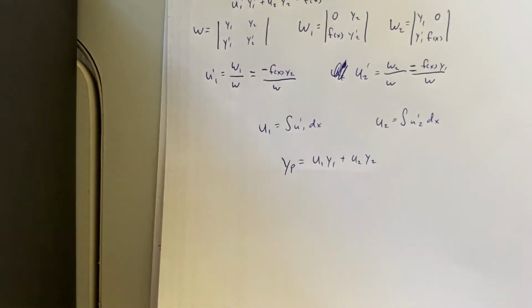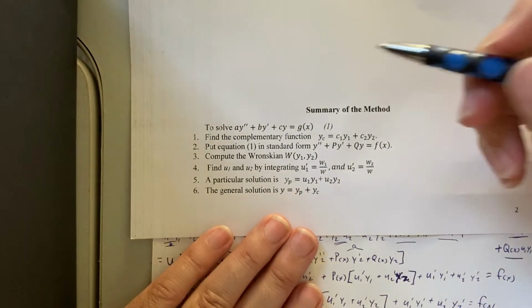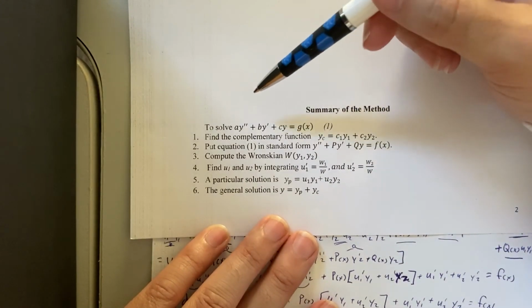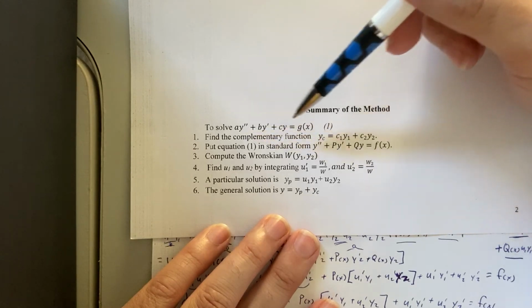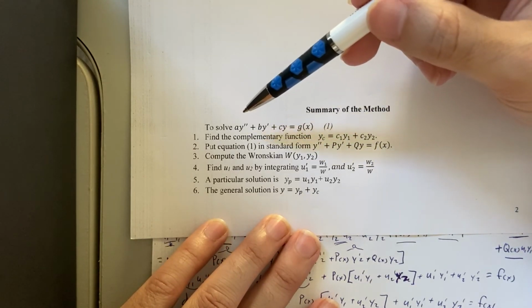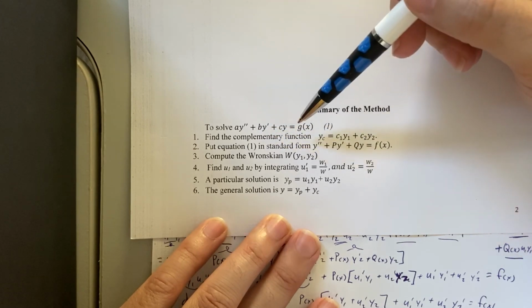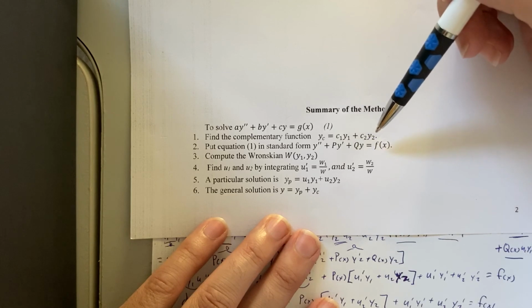And so the summary of the method is this. The first thing we need to do is find our complementary solution, meaning we find the solutions when we set it equal to 0. So we set up the auxiliary equation, and then we find our y sub 1 and our y sub 2.